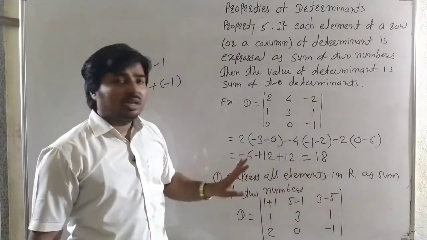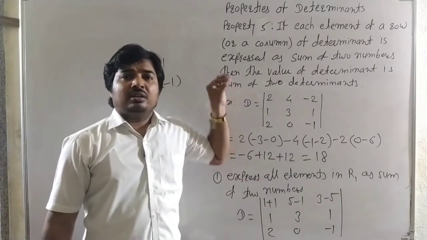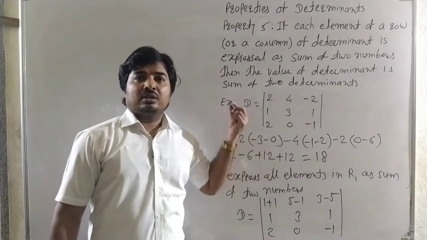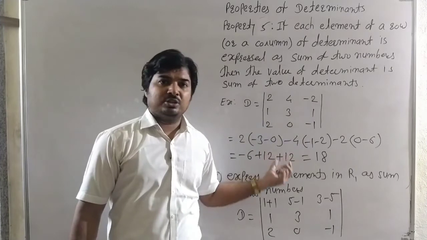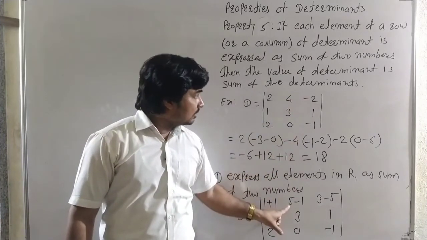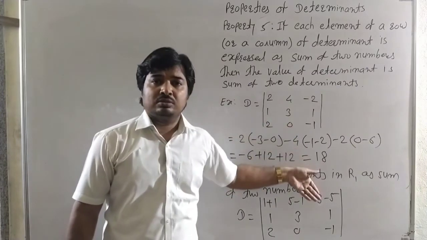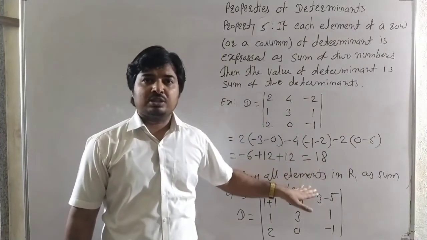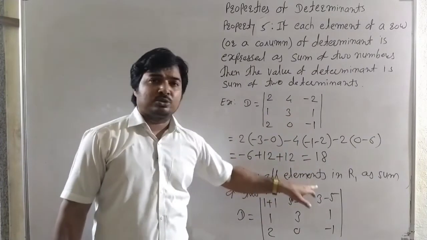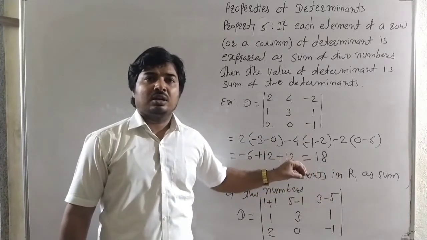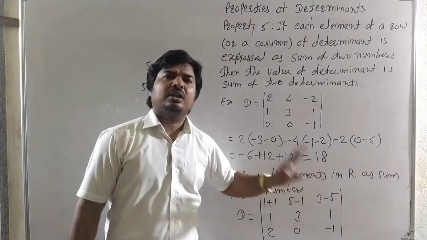You can write any expression: 2 can be 10 minus 8, 4 can be 3 plus 1, or 2 plus 2, or 1 plus 3, or 100 minus 96, any number.